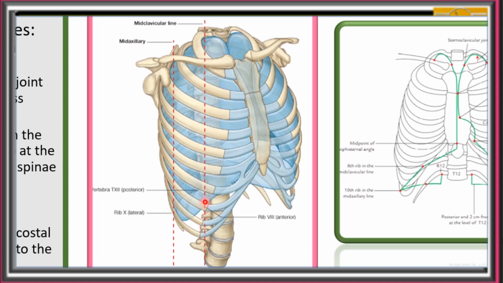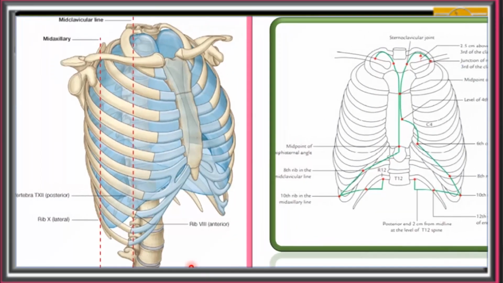We also have another line that is running through the middle point of the axilla, and we call this line the mid-axillary line. So these lines will come in handy in our description of the course of the inferior line of pleural reflection. So let's go back to our initial illustration.